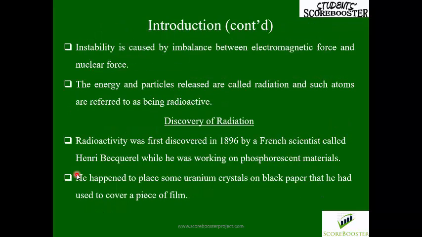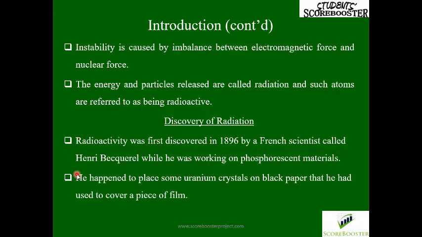That is the basis of instability, and this instability is caused when the electromagnetic force is more than the nuclear force. When can that happen? That happens when we have many nucleons, such that the nuclear force between the nucleons is not as strong as the force of repulsion between the pool of protons.